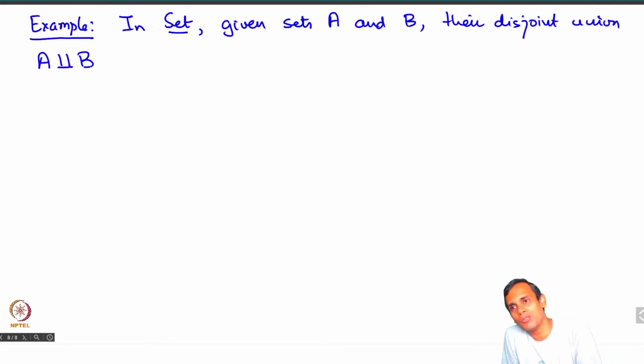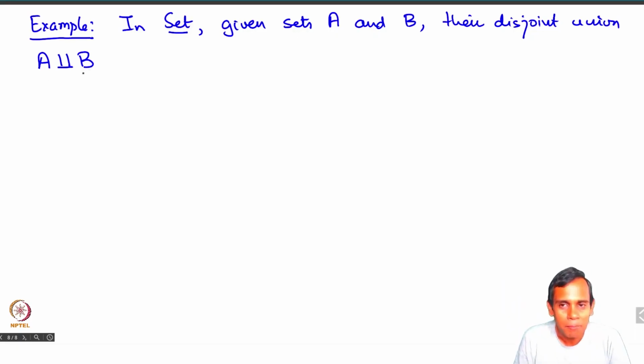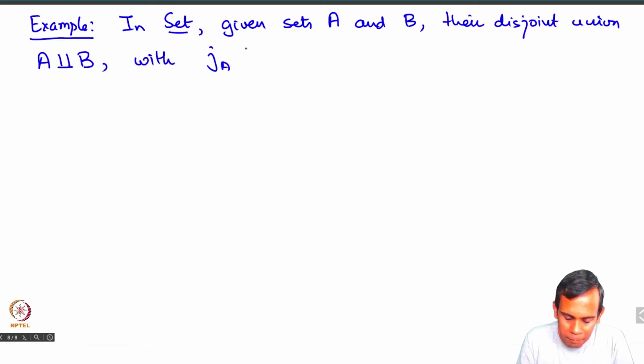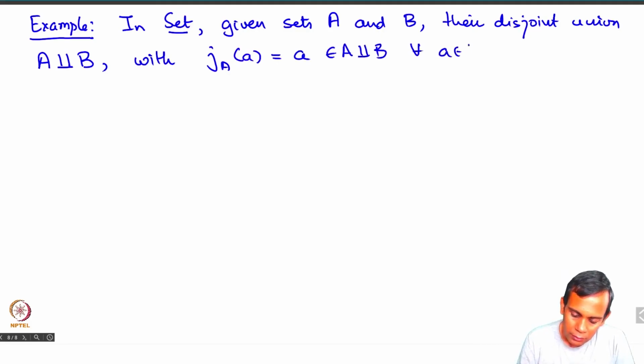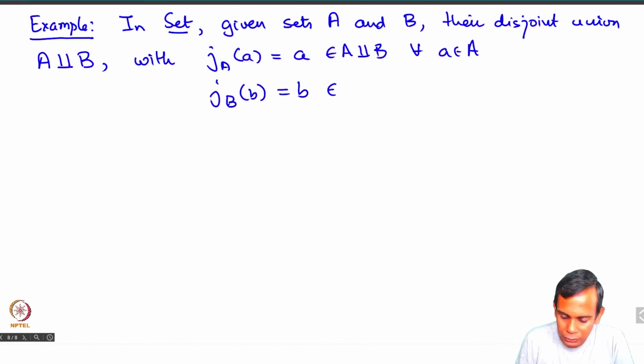So maybe you make a copy of all the elements which they share in common and create the disjoint union. So the cardinality of the set will be the cardinality of A plus the cardinality of B. With J_A being the inclusion map, so J_A of a equals a, which is an element of A union B, and J_B of b is b, which is also an element of A union B.